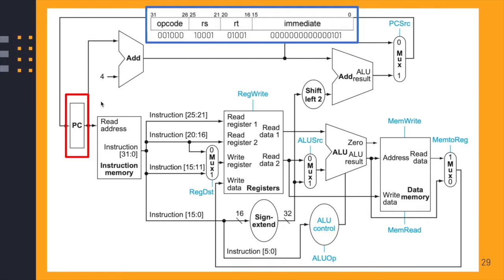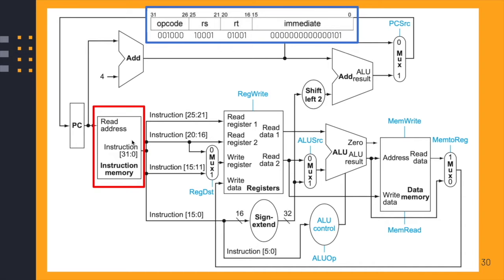In the instruction fetch, I will fetch this instruction from the instruction memory, meaning I will get it from the instruction memory. So the PC will point to this instruction, and now I will retrieve it.